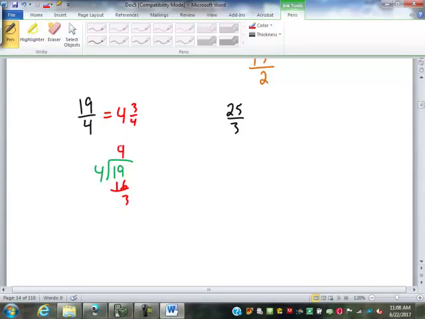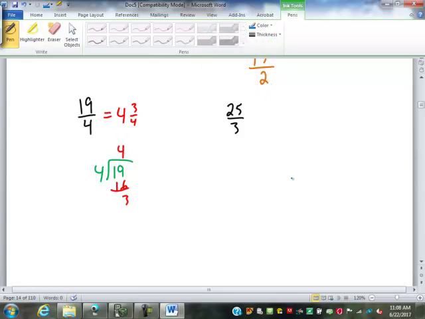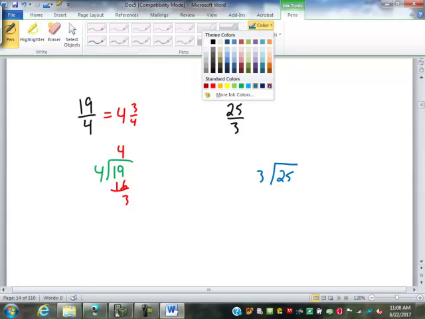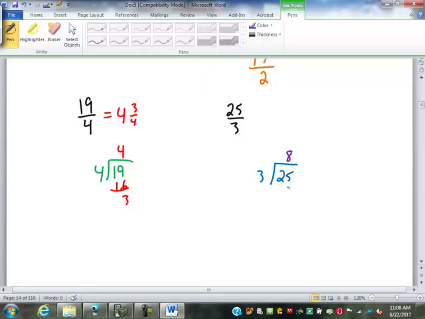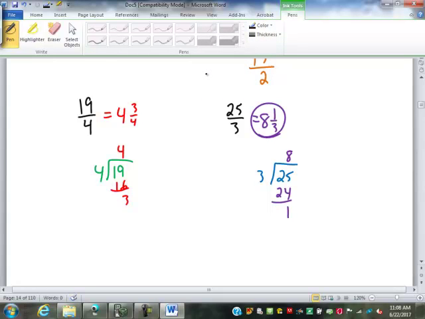For 25/3, what am I going to divide? 25 divided by 3. 3 goes into 25 8 times. 8 times 3 is 24. How much is left over? 1. So 25/3 is 8 1/3. Very good. So that's simple enough, right?